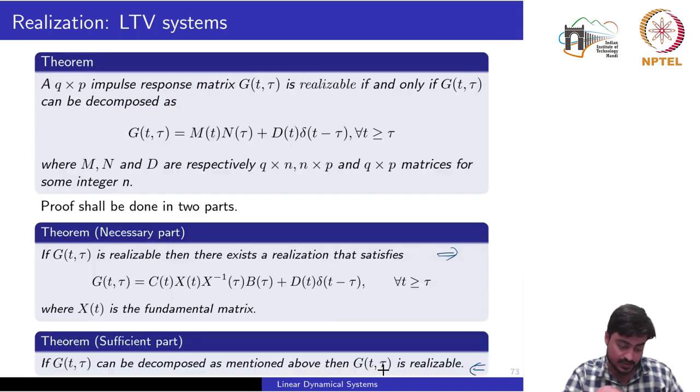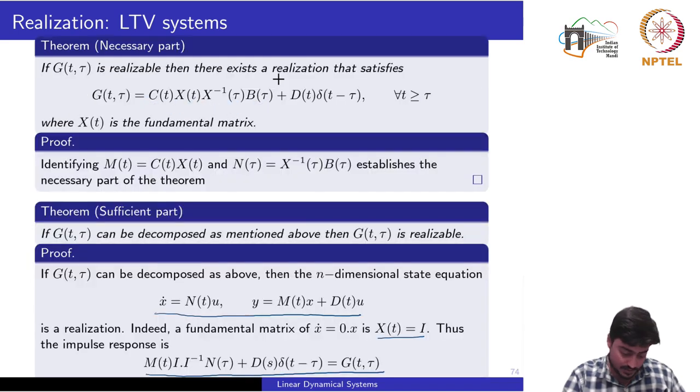So if we go to the result, decomposing the given impulse response matrix into this form is equivalent to saying that the response matrix is realizable, meaning to say that there exists the pair ABCD. Okay, so here we conclude the theoretical part of the first week. In the next lecture we will see some tutorial problems.